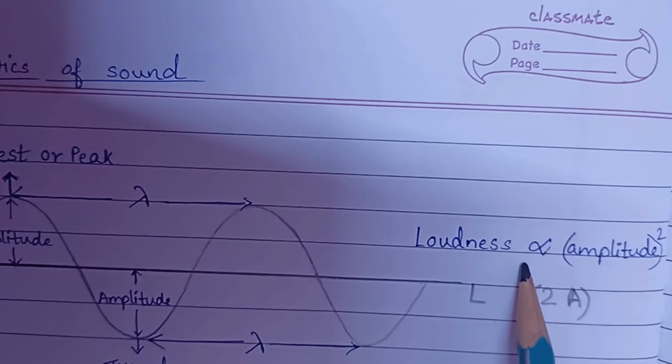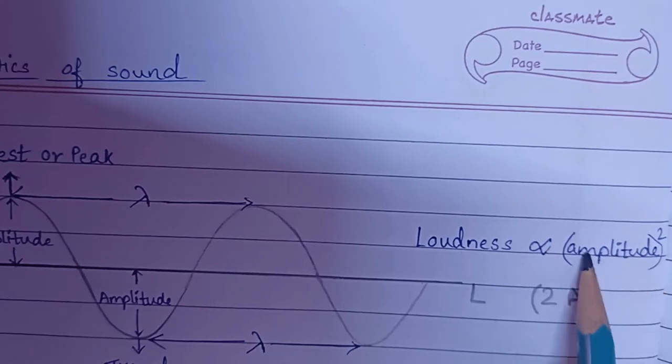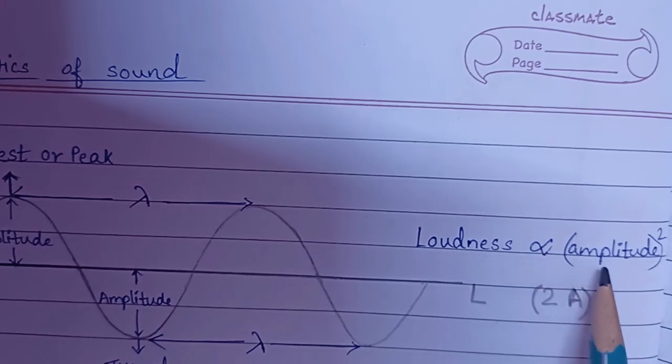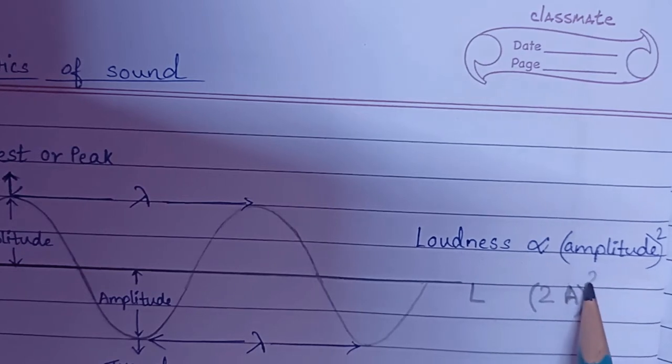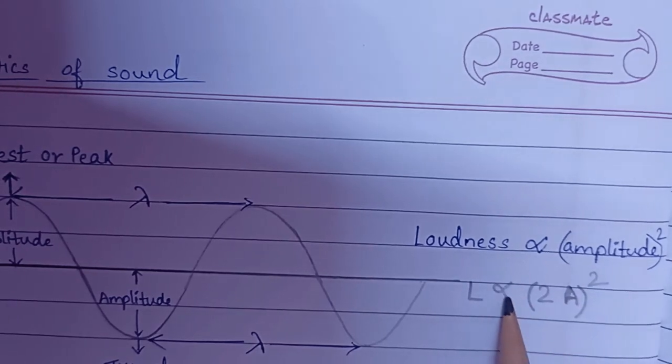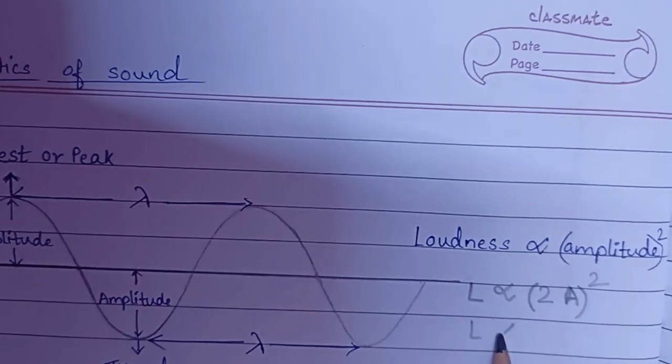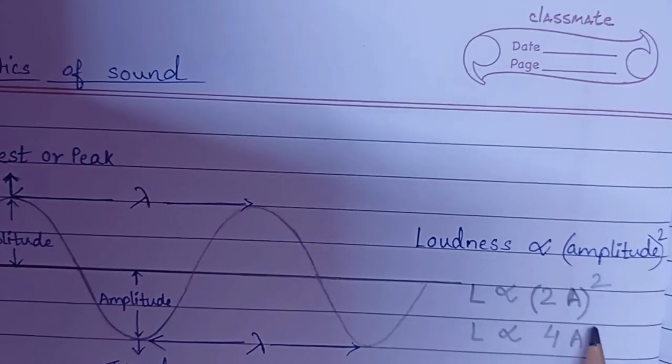Since loudness is proportional to the square of the amplitude, if I increase the amplitude 2 times, I have to square it. So you can easily say 2 squared is 4, A squared.